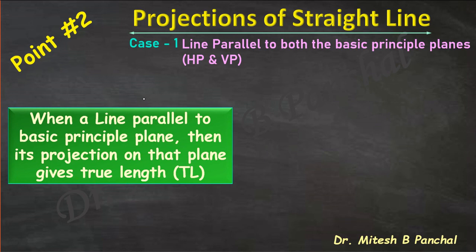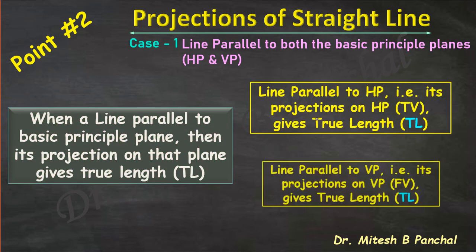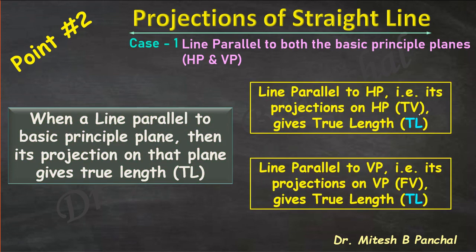Similarly, when we consider the line parallel to VP, then its projection on VP, that is the front view, gives true length. So these two points we have derived from this case 1, and these are important points to solve the further, more complicated cases of projections of straight lines.